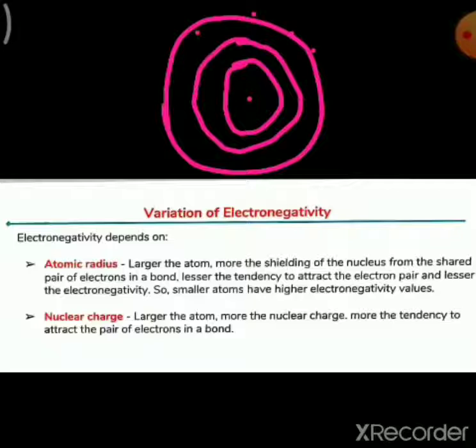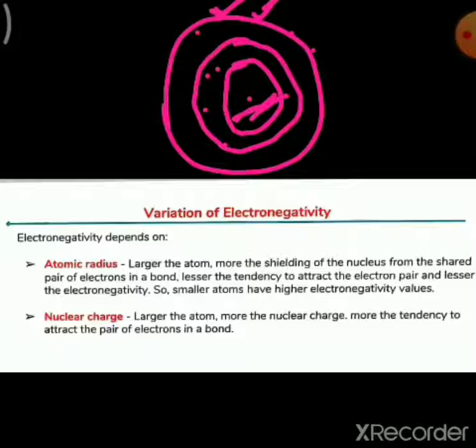The electrons present in the outermost orbital can't come inside or come nearer to the nucleus. So there is a lesser chance of contact of these outermost electrons with the nucleus. This way there will be lesser electronegativity. Understood?